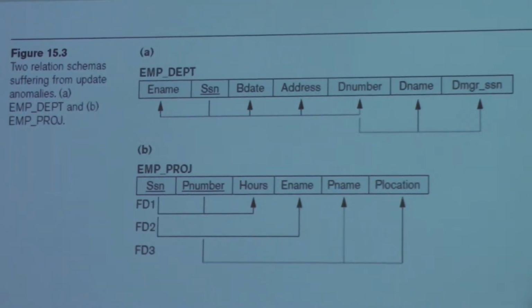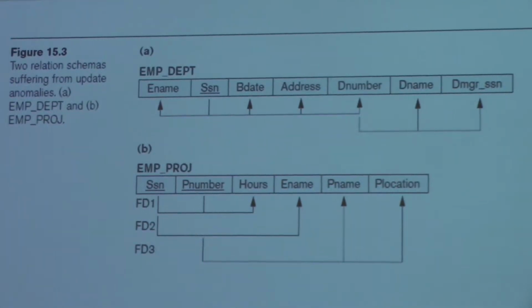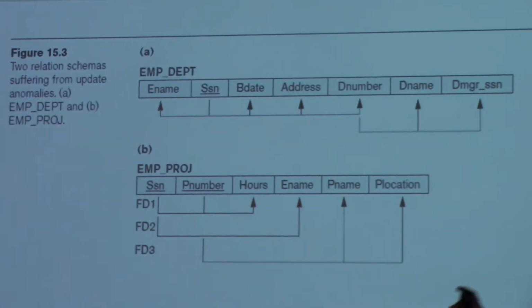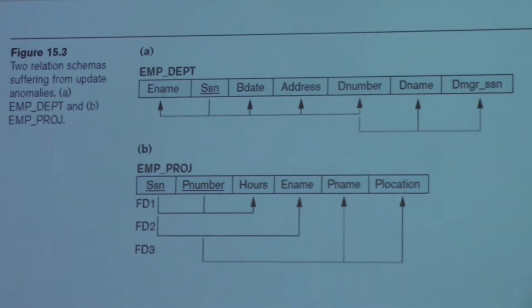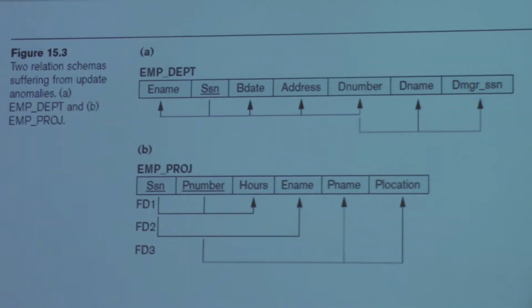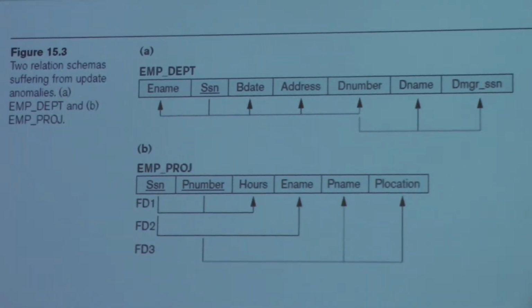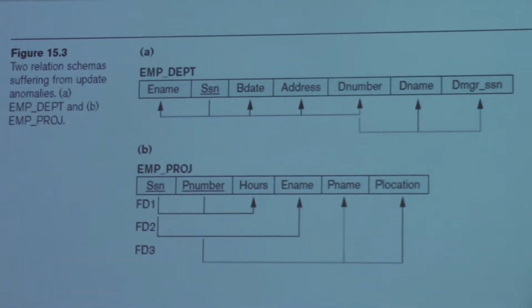The D manager SSN is determined by D number. So at that time, we can say SSN determine E name, B date, address, and D number. Okay? So at that time, the left-hand side, SSN is called the prime attribute. The right-hand side attribute is called non-prime attribute. So we'd like to determine the prime attribute, non-prime attribute.